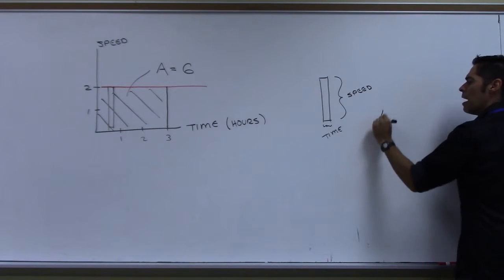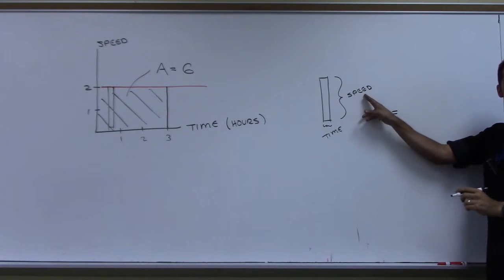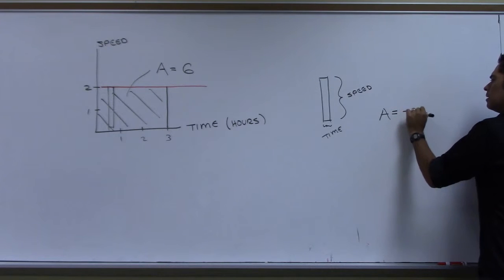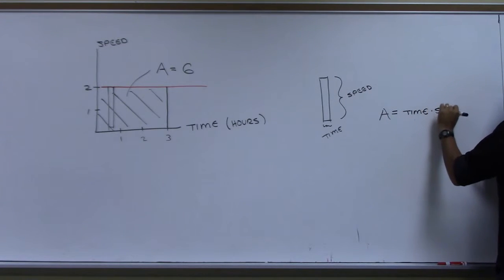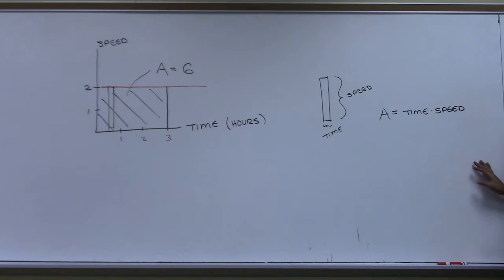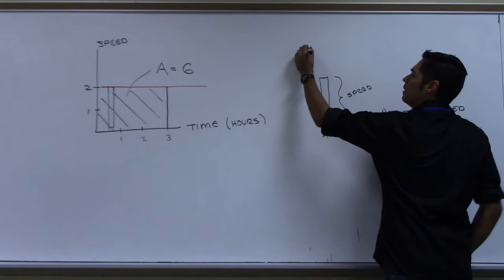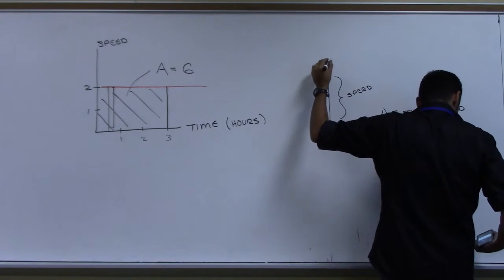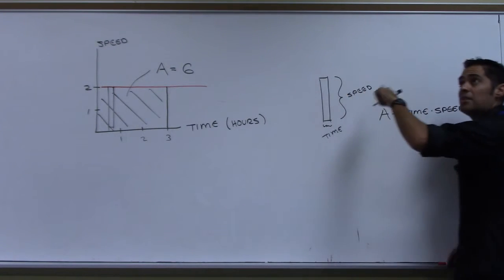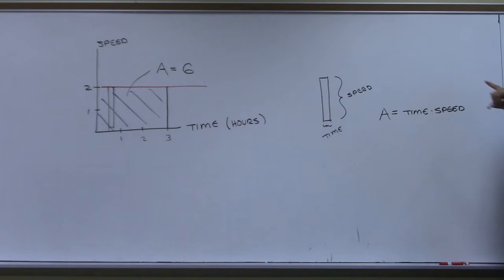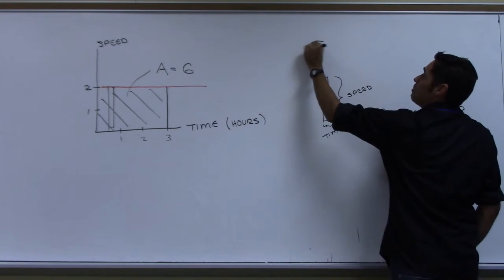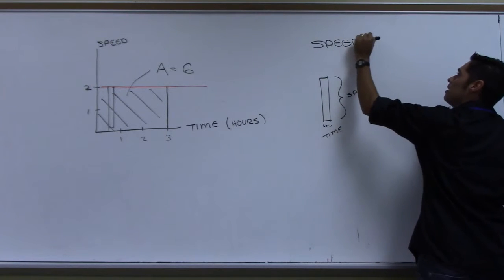And do you agree that when I do area, I do time times speed? And we have the classic formula from physics. Well, there's a couple of them. That relates time, speed, and distance. What is the definition of speed? Speed is distance over time, right?